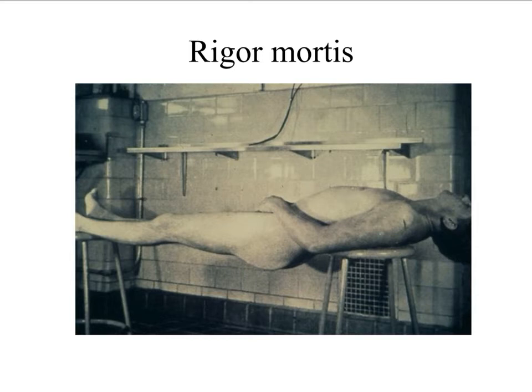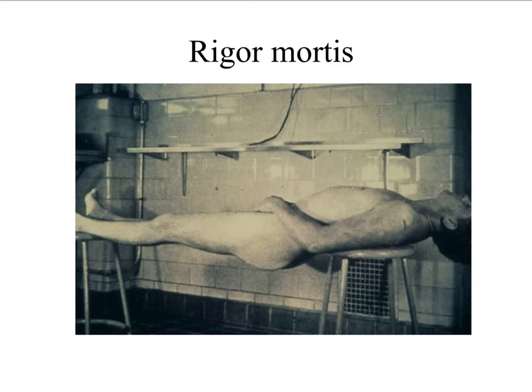This stiffening is going to last until the enzymes in your cells get broken down from the peroxisomes and all the lysosomes in your cells, and you basically start to undergo the process of what they term autolysis or self-digestion, and that breaks down the membranes and the body softens back up.